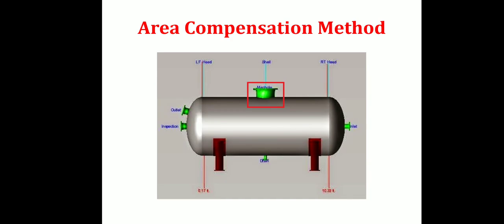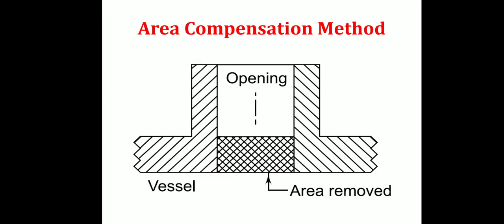To understand the area compensation method, let us consider an opening shown in the red square box. The half section cut view of the opening is as shown in the figure. In the figure, consider D as the diameter of the opening and T as the thickness of the shell.